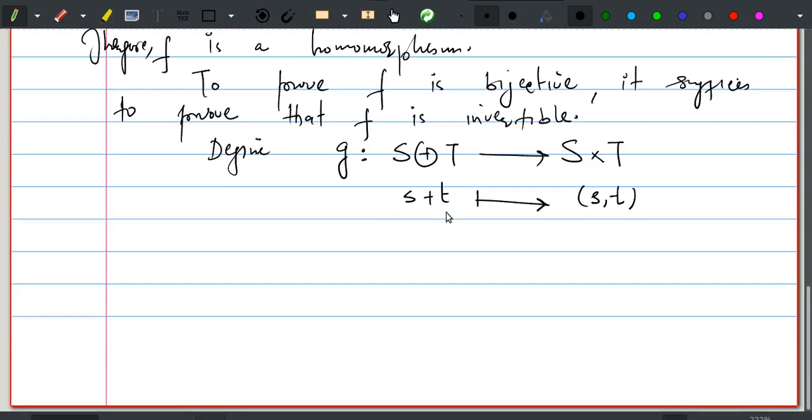Note that again this function is well defined because of the uniqueness hypothesis.